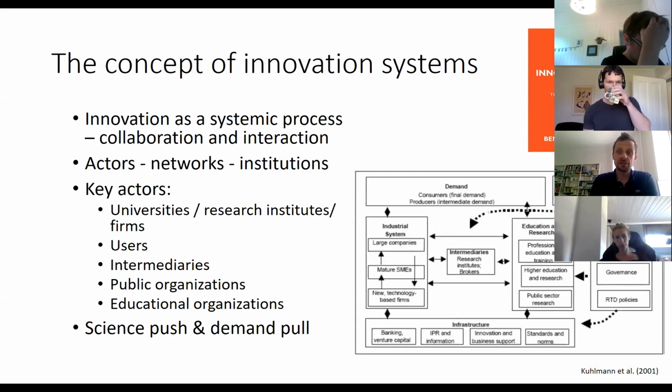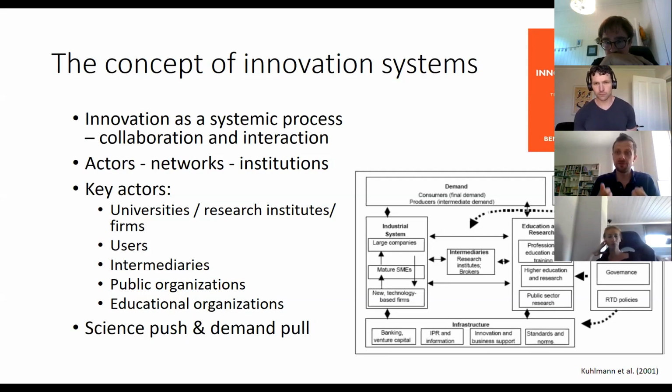Innovation system research talks about three structural components: actors, networks between them, and the institutions that govern or influence their actions. The approach acknowledges the importance of multiple types of actors, as you can see in the list and in the figure from Kuhlmann et al. from 2001. It also covers different parts of systems, both the ones that develop the technologies and the ones that actually use them in real life.